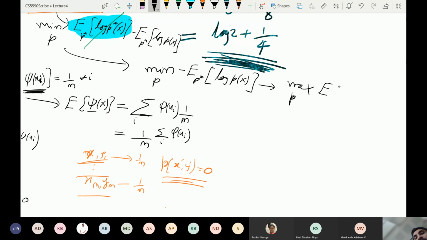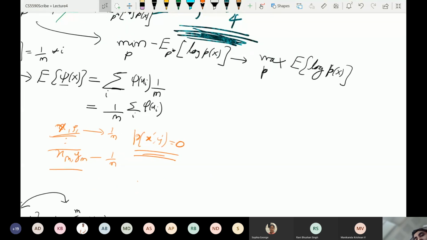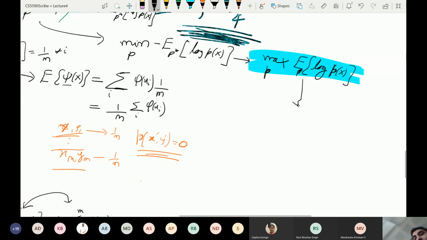Minimizing minus the expectation is the same as maximizing it. Minimizing a function is the same as maximizing the negative of the function. Now look at this problem. This problem has P star at only one place, again in an expectation. So what is your usual idea?